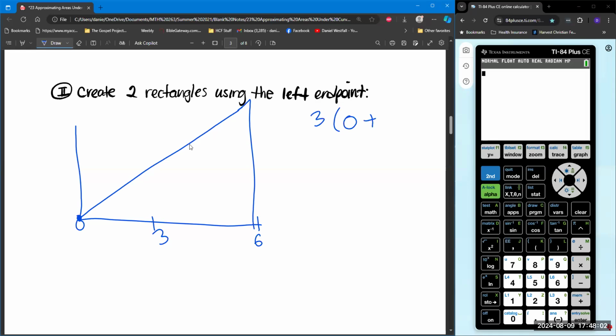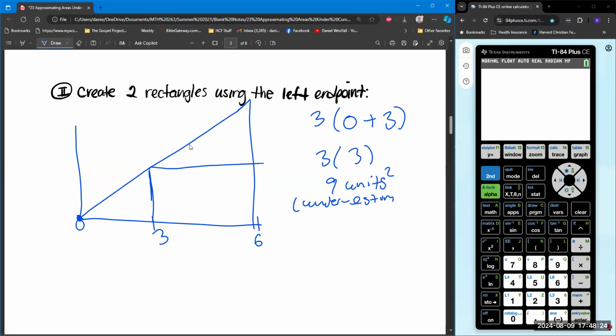Then the left endpoint of the next one is at 3. This one doesn't go anywhere. So this is 3 times 3, which is 9 square units. And this is an underestimate, because again, we know that the actual answer is supposed to be 18.